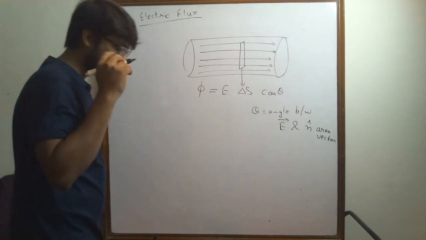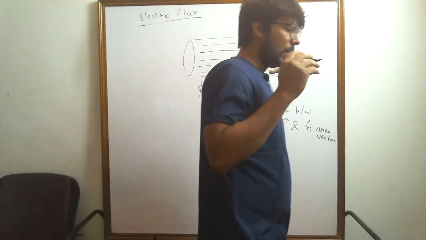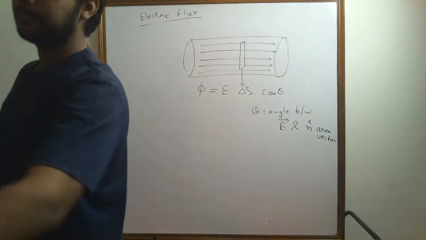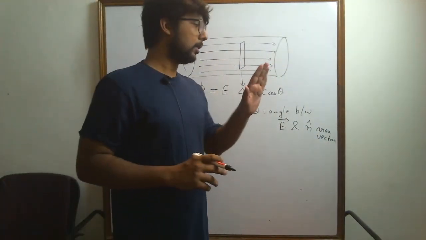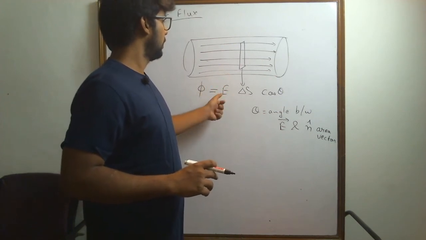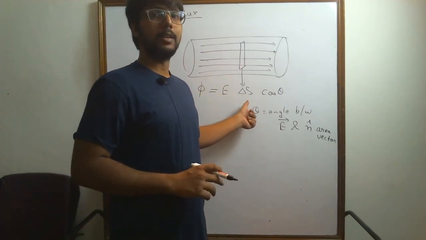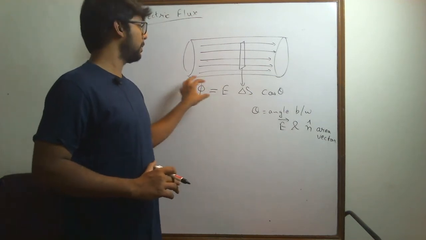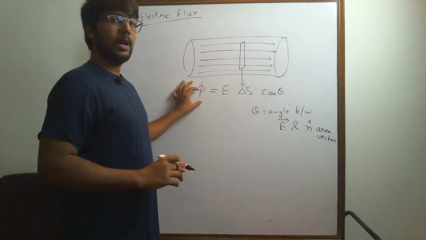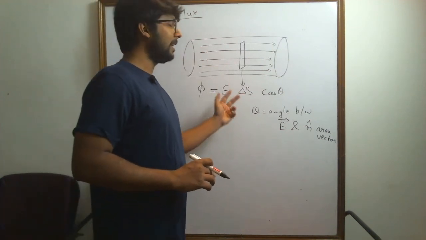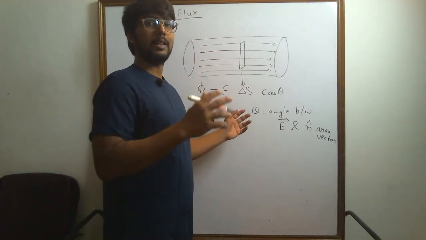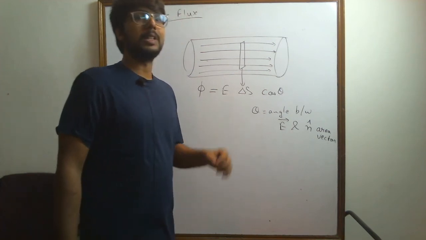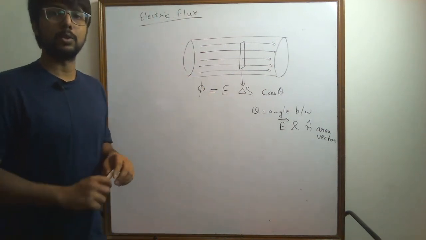That means, in simple terms, what we are talking about is essentially that the electric field and area need to be in the same direction to have the maximum flux, and if they are at 90 degrees to each other, then there will be zero flux passing through.